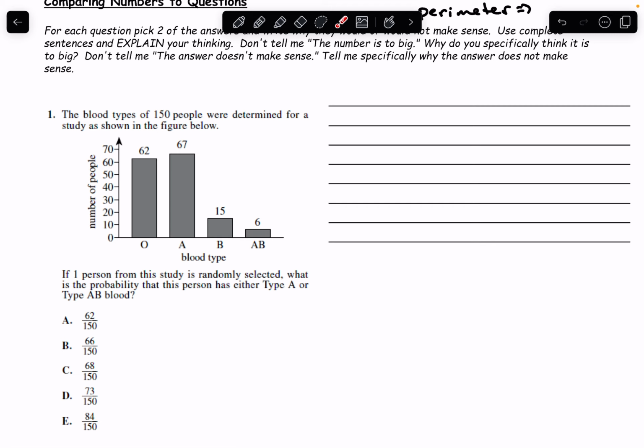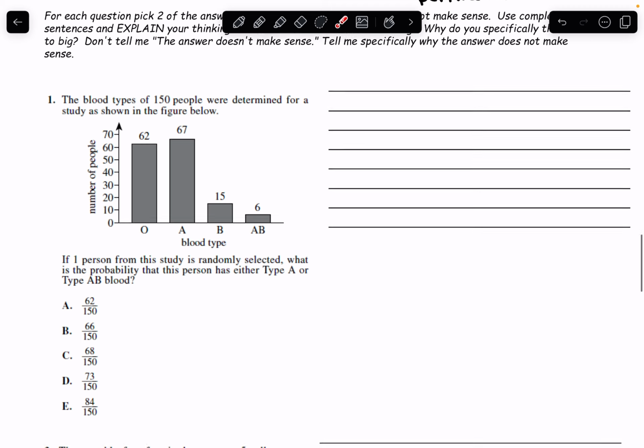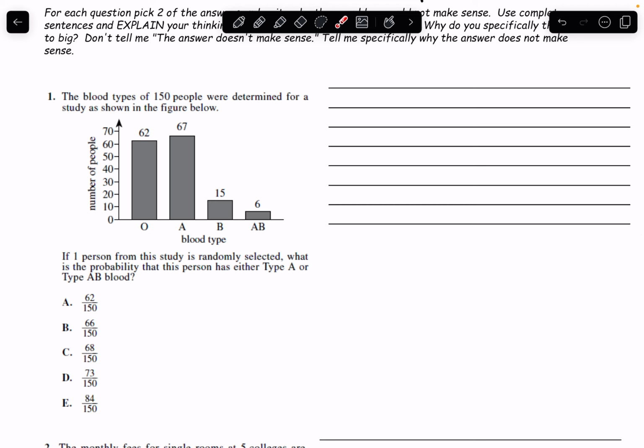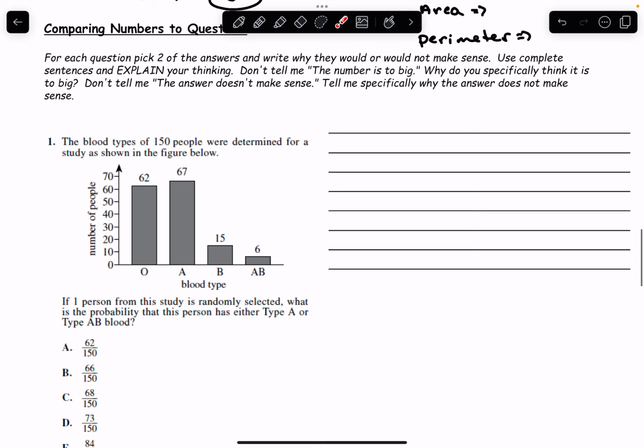You don't have to do that right at the beginning. You can start solving the problem first. You can come up with the correct answer first, and then decide why these other answers might not make sense based on what you found. All right? So you are writing, you are explaining. It says to use complete sentences. We haven't done that in this class yet. It is something you're going to need to get used to in math class.